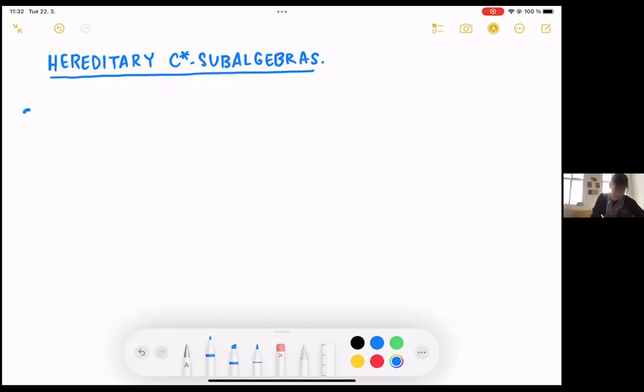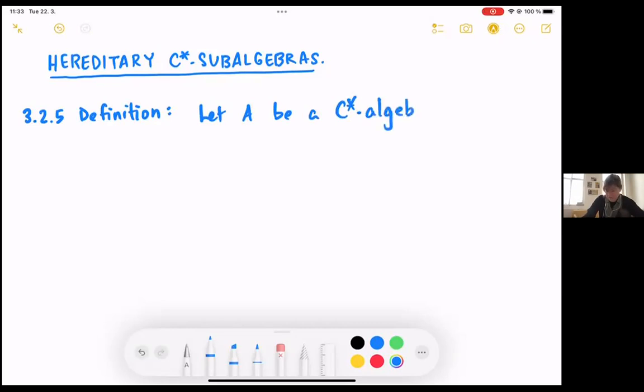So we start with a definition, and that is, of course, exactly what the title says, which is a hereditary subalgebra. So let's start with the C-star algebra A, and we don't mind if it's unital or not.